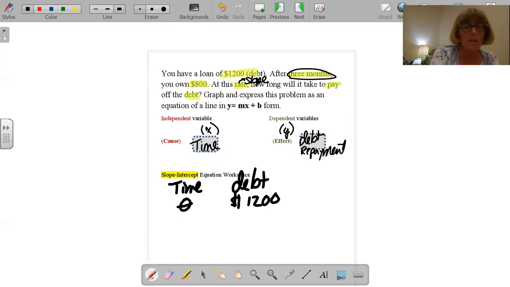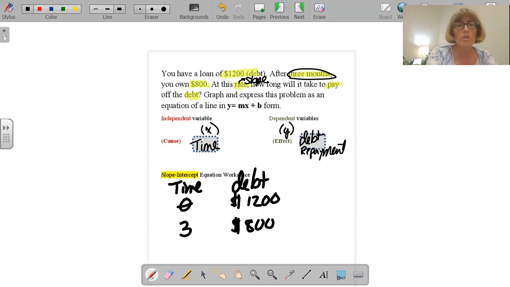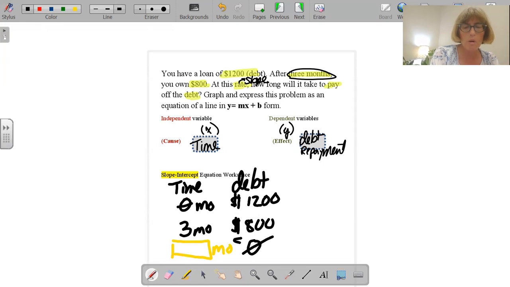After 3 months, your debt is $800. And what we're being asked to find is at what time, and our expression here is months, how many months does this become 0 money? That's the question. And we want an equation.